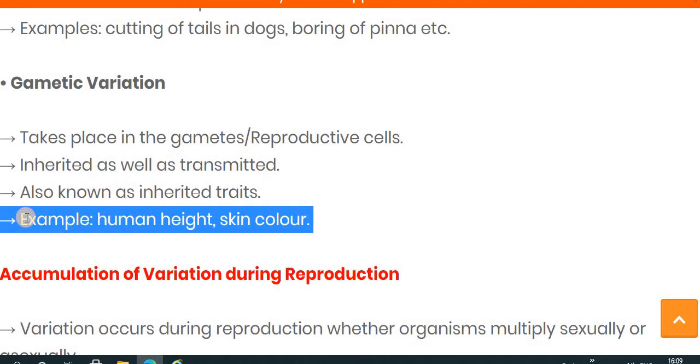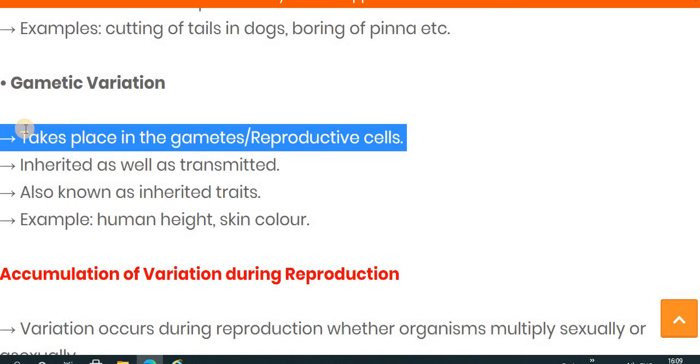For example, human height and skin color are passed to offspring. If the parents have a very fair skin color, that is passed to the next generation, and the babies born are also fair in color. That kind of variation we consider gametic variation.